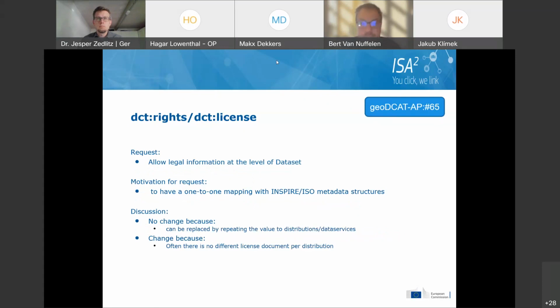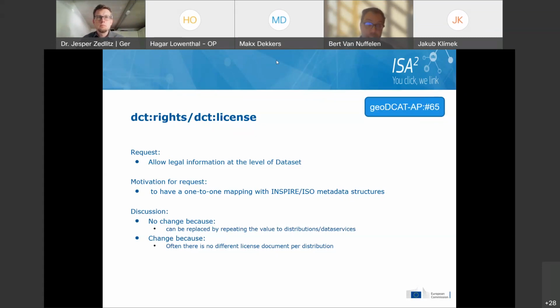Then something that came up, this was one of the new issues, although it's posted in the geospatial issue list. If you look at the geospatial data on INSPIRE and the ISO metadata there, they have legal information only at the level of the dataset, not at the level of distribution, as DCAT-AP does, which looks at this most fine-grained level.